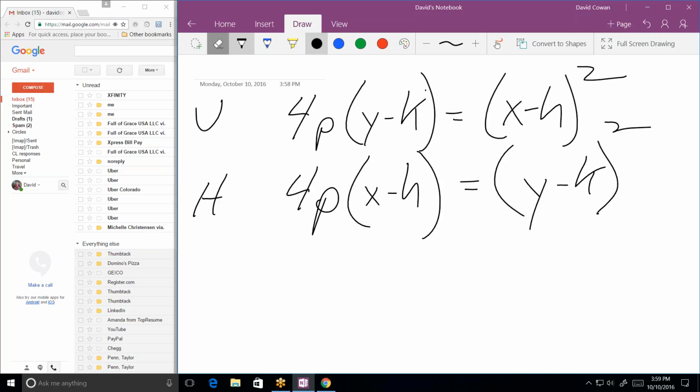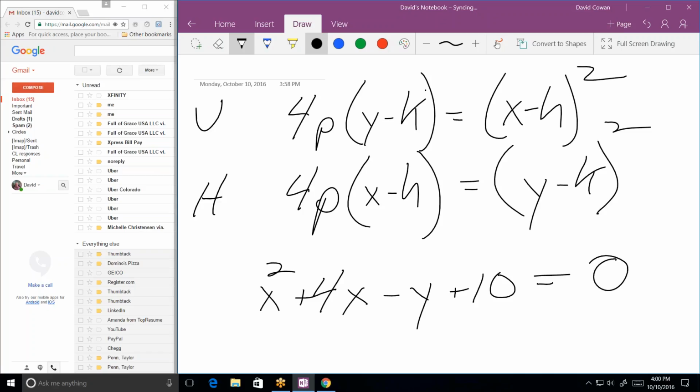Okay? They might give you an equation that looks something like the following. They might say x squared plus 4x minus y plus 10 equals 0.